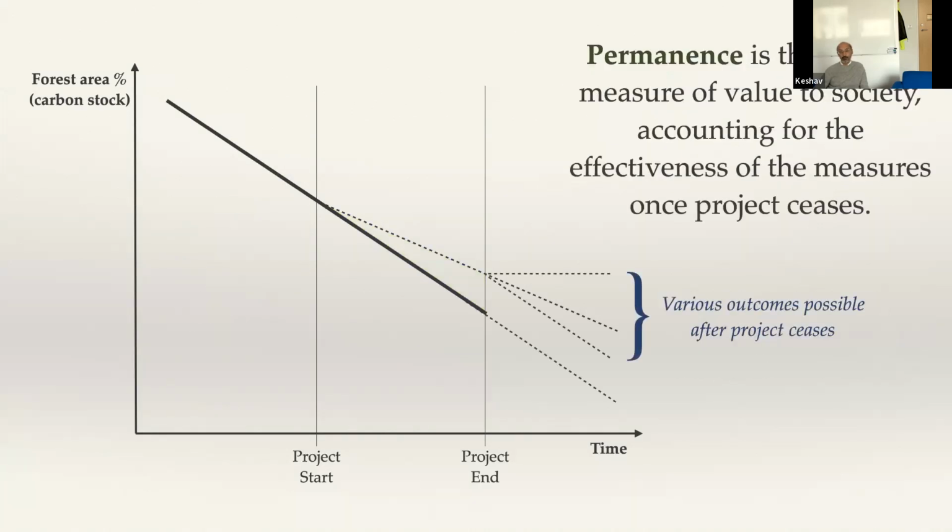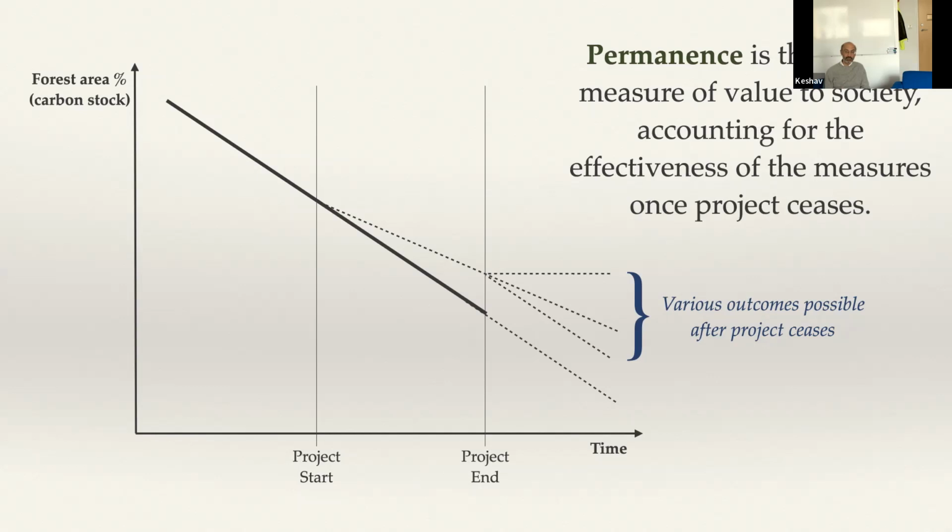Permanence is basically how long your intervention lasts. Again, the same X and Y axes. What I'm showing here is that at the end of the project period, these dotted lines represent possible outcomes. One outcome, the dashed line at the top, is that we stop deforestation at the end of the project. Somehow we managed to get people off deforestation and give them other livelihoods.